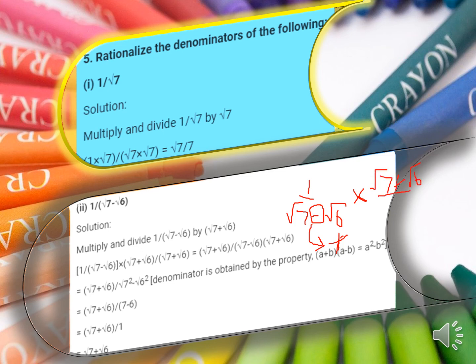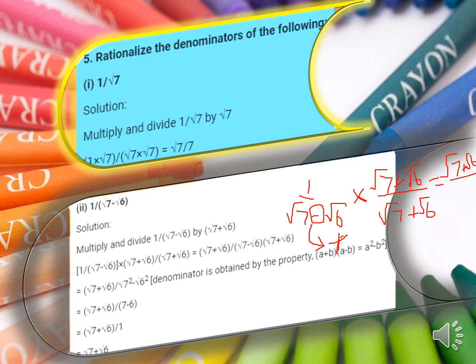Why we are taking plus symbol is so that in the denominator we will get a rational number. If we multiply with minus, we will not get the answer as a rational number. Okay, so here we will get the answer as a rational number, but the answer will be different. So here our numerator is root 7 plus root 6.